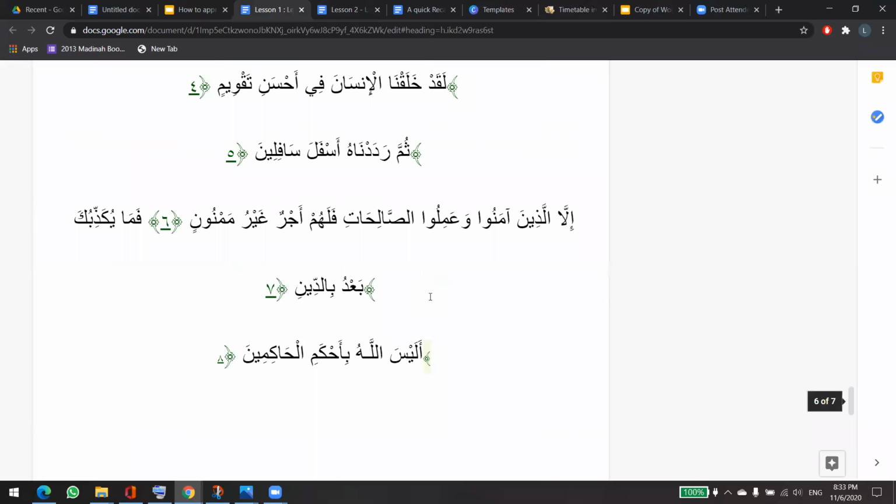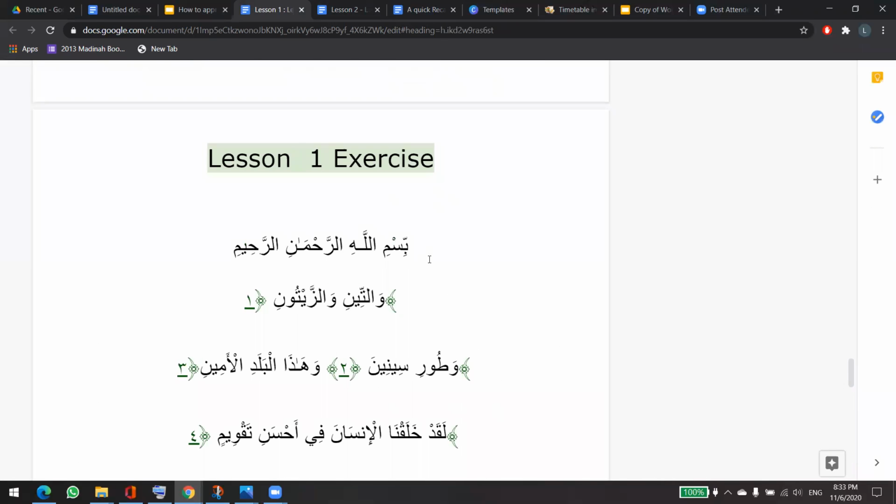If you are looking at particularly Allah's name, Lafz Jalalah, the last letter is this one. For Rahman, the last letter is Noon. For Rahim, the last letter is Meem. So the harakah or the movement are these: Fatha, Dhamma, Kasra.